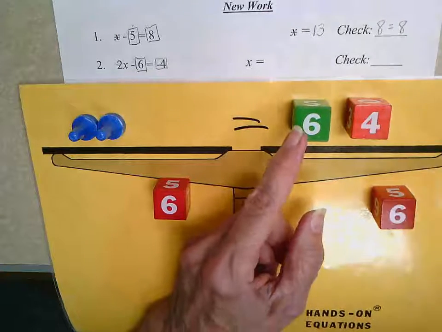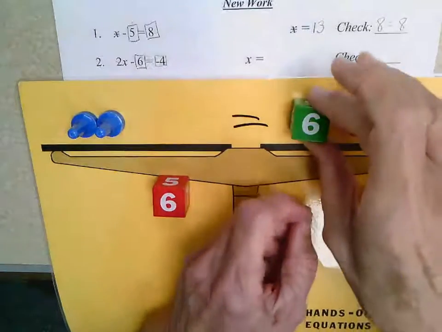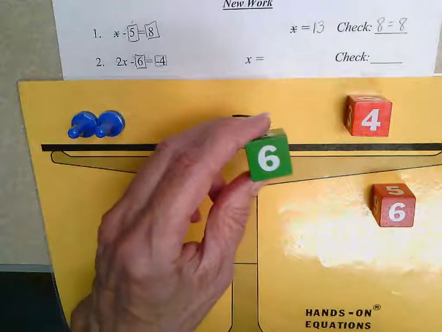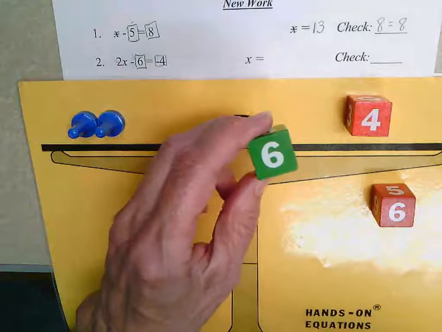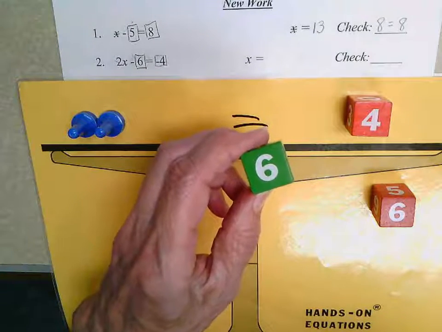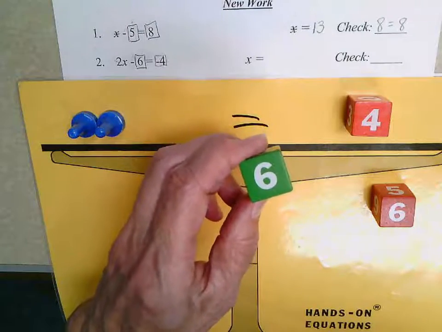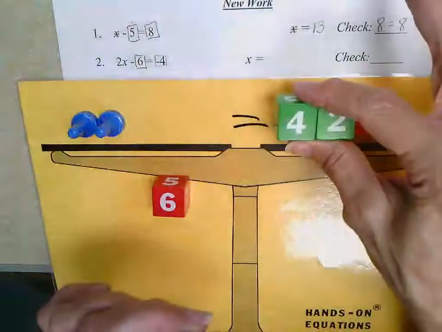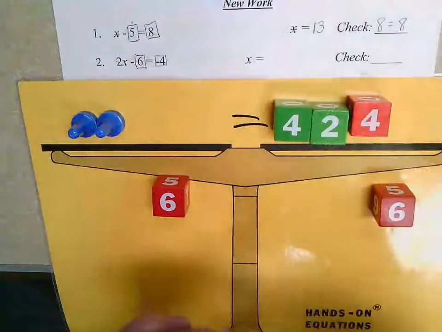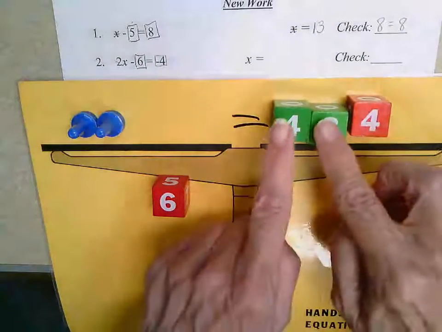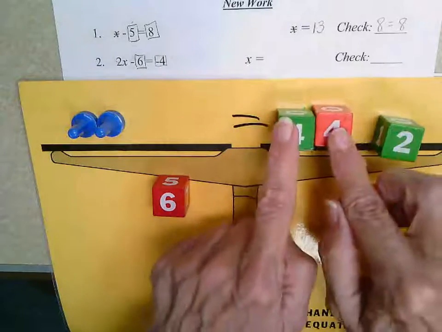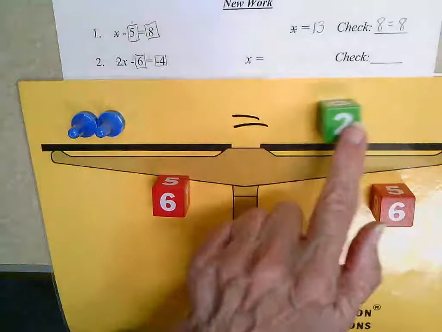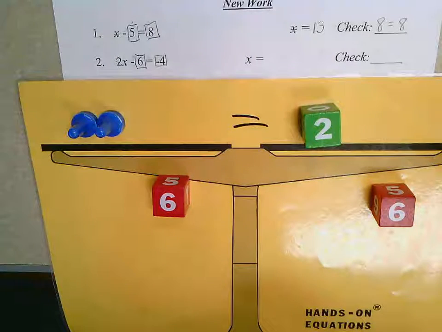Another way to do it is to trade this block in for a 4 and a 2, because 4 plus 2 is the same as 6. So I could put this right here if I wanted to, and then I could see that this is a 0 pair, and I could take that off and it would leave me with my 2 there.